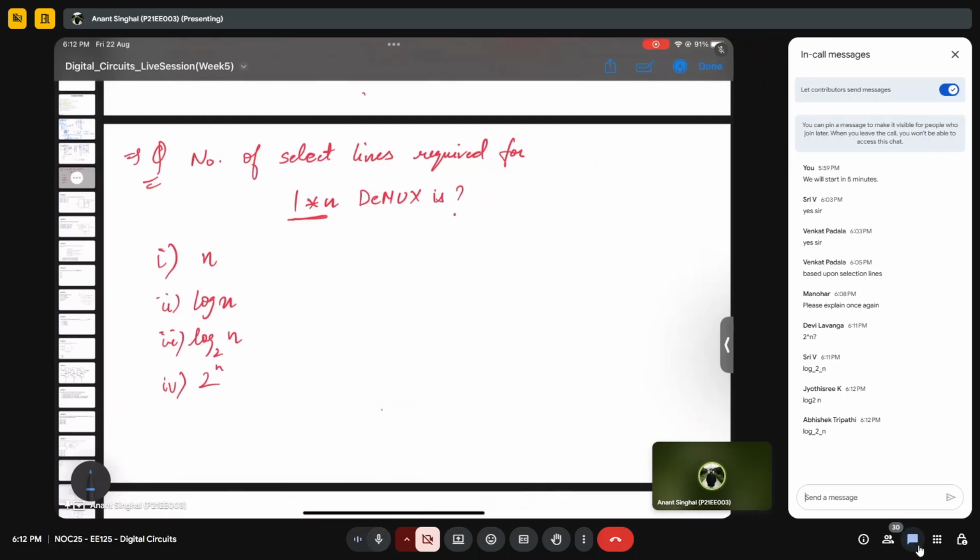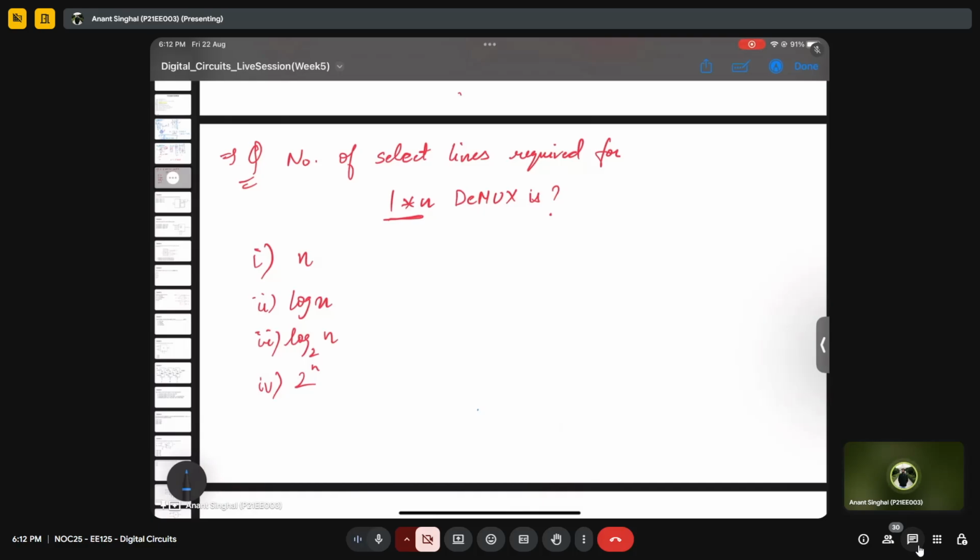We have got some answers. So it will be log to the base 2 of n. Why? Because, as I told you, let's again take that example. Say we have 4 outputs. We know that we have 2 select lines. So if the select lines are m, it is nothing but log to the base 2 of n, where n is the number of outputs.